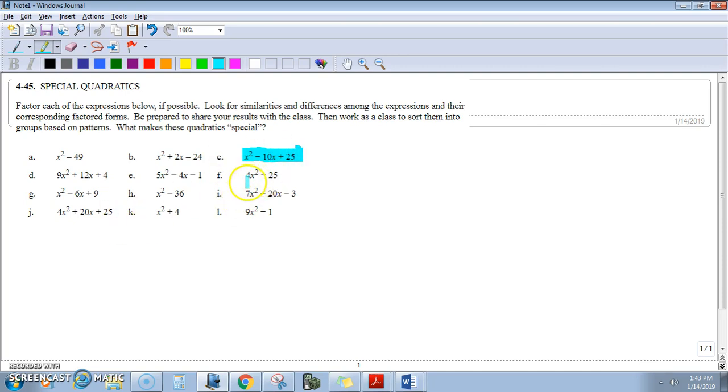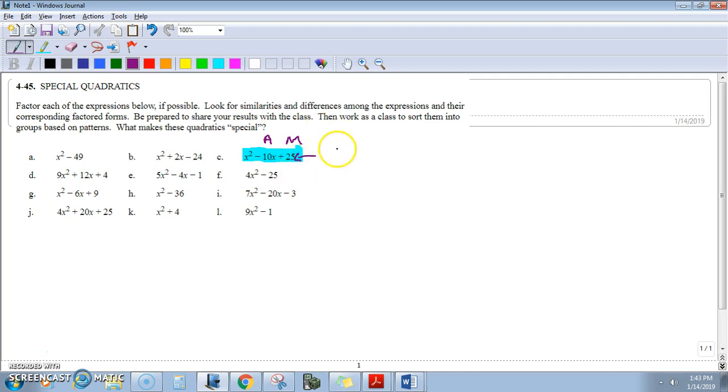But the reason why I highlighted that one is because I know if you have two numbers that add up to be a negative, like here, right? And let me put an A for add, and multiply together to be a positive, we know they're going to be both negative, and since this last number is a perfect square, I bet it's going to be, pardon me, guys, I bet it's going to be that.